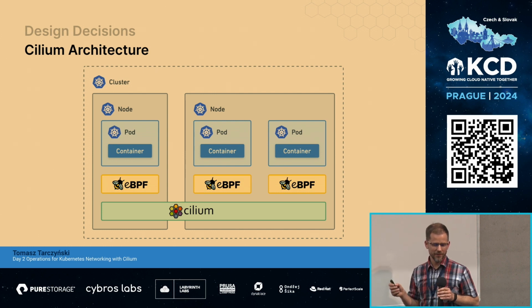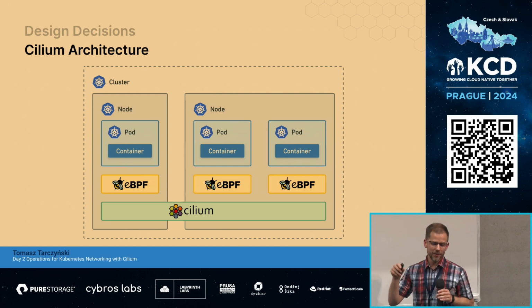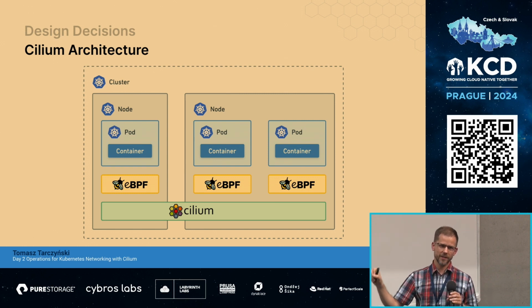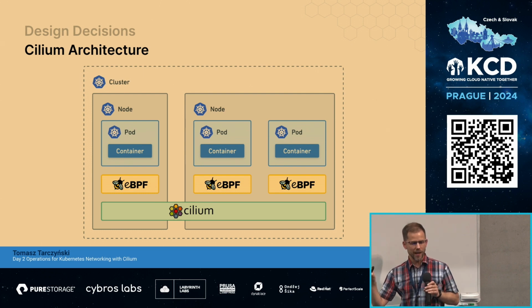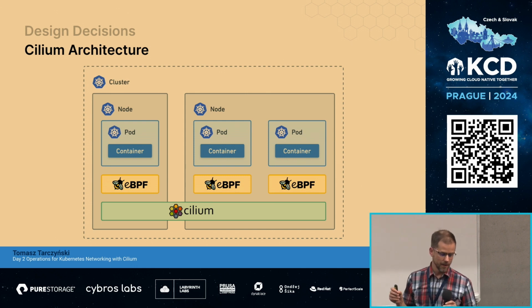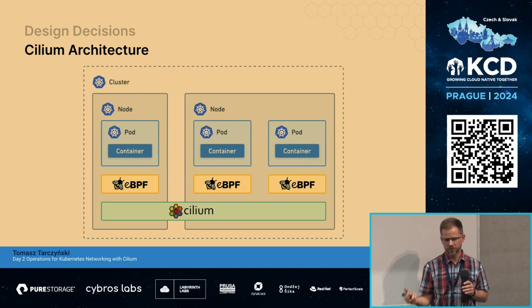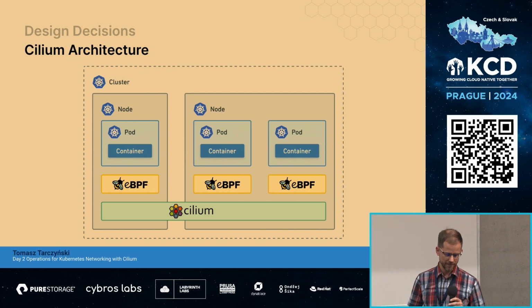What's important is that Cilium CNI runs on each and every node in your cluster, and it uses eBPF, which means it can program the Linux kernel to run all the networking logic there, with identity-aware routing, network policies and all the Cilium features, without going through the traditional Linux networking stack, which gives you really vast performance benefits.